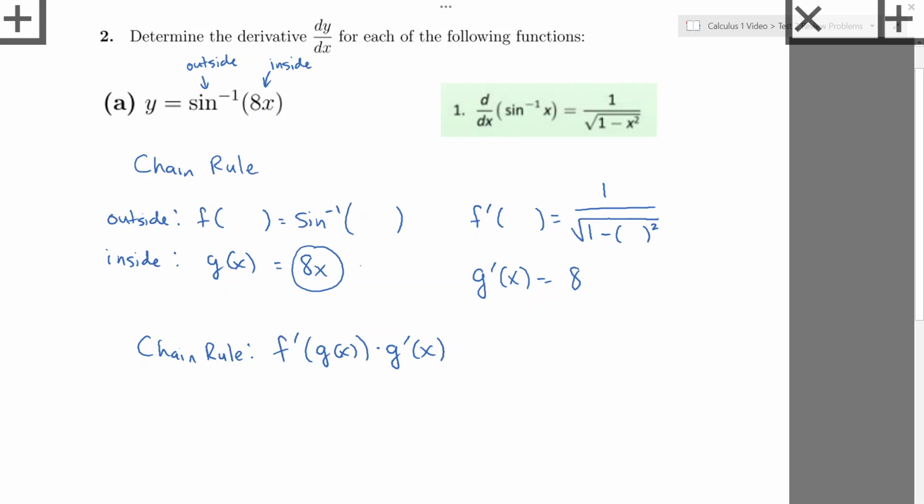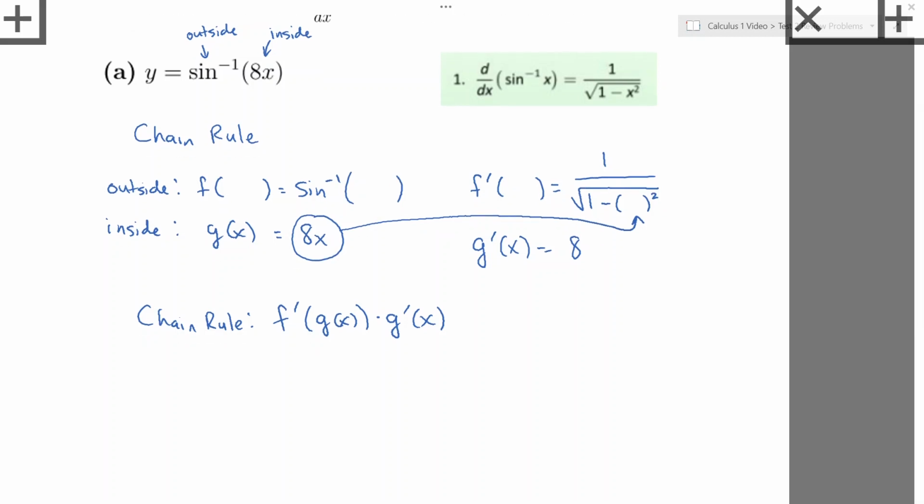So this needs to go inside here. Right, so that's 1 over the square root of 1 minus, and then inside the parentheses I put the 8x, and then times g prime of x, which is just 8.